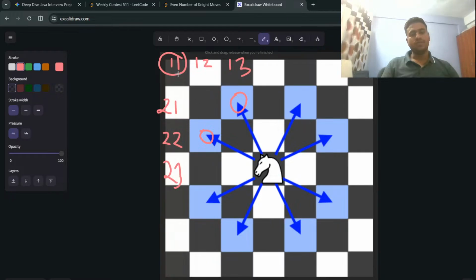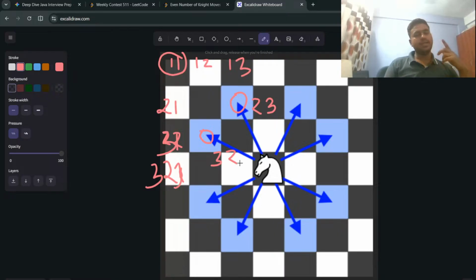So from 1 1 I can go to 2 3. From 1 1 I can also go to 3 2.